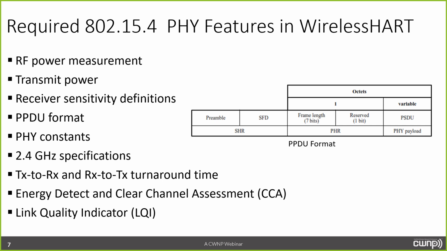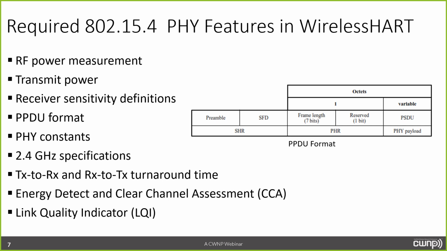So in other words, I can get a PSDU that's 20 octets long through with less than 1% packet error rate. Whatever the signal level is that I can do that at, that's my receiver sensitivity. So that's how it's defined in 802.15.4. And therefore, that's required of WirelessHART. And then that gives you something as a metric.